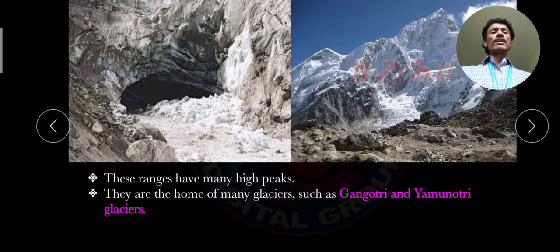Glaciers are moving masses of ice, Himanadigalu. Such important glaciers are Gangotri glacier and Yamunotri glacier. These are found in the Greater Himalayas.